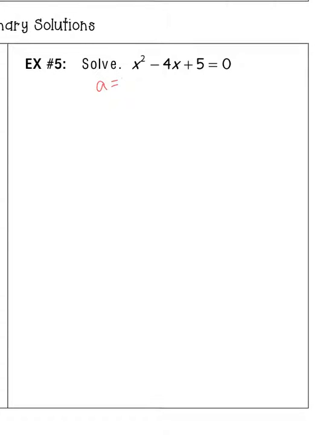So a is equal to 1, b is equal to -4, and c is equal to 5. So plugging in the formula, I'm not going to write it again.